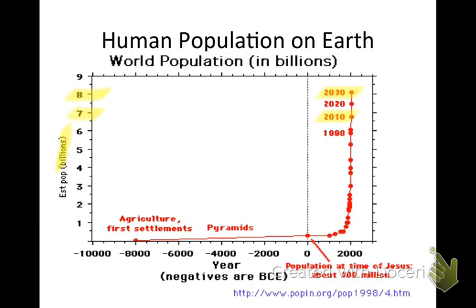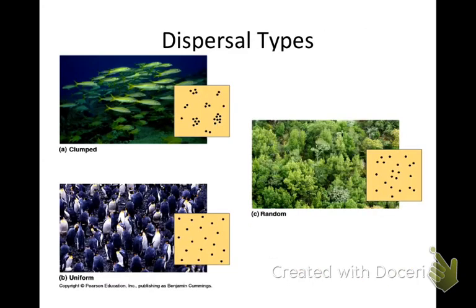So, if we're going to look at populations, we're going to look at two big things. We're going to look at the population density. Let's highlight that. Density is the number of organisms in that given area. And the boundaries. Boundaries are natural boundaries, such as a mountain range, a body of water.